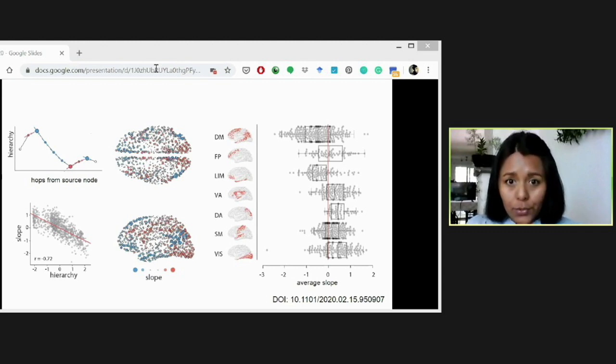When we group these nodes by resting state networks, we see that the visual, the somatomotor, the frontoparietal, the ventral attention, the dorsal attention, all those networks have a mean positive slope, and the limbic and the default mode network have a mean negative slope. The default mode network appears to be the most likely to be sending the information to areas lower in the hierarchy, while the visual, the ventral attention, the dorsal attention are sending information to areas higher in the hierarchy.